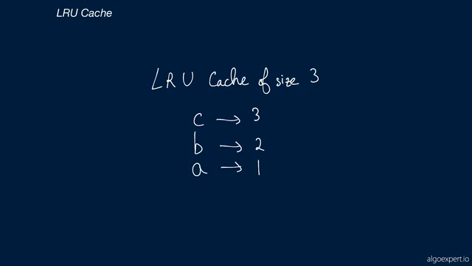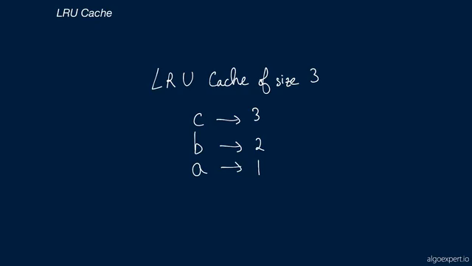And similarly, if the cache reaches maximum capacity and you try to insert another key value pair in the cache that doesn't already exist in it, then the cache has to be able to evict or get rid of the least recently used or least recently accessed key value pair that it was storing. And so that is really where the tricky part of the algorithm or question comes into play.